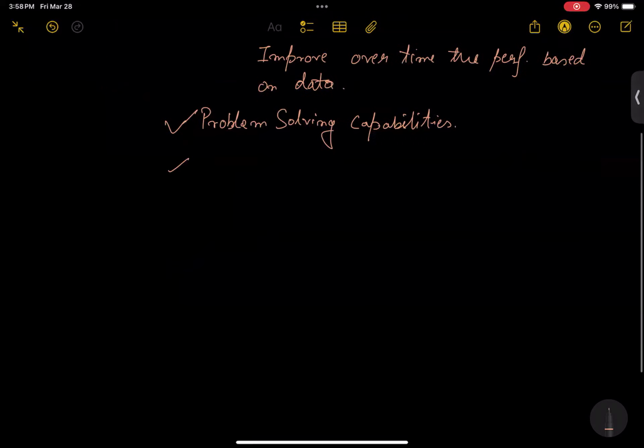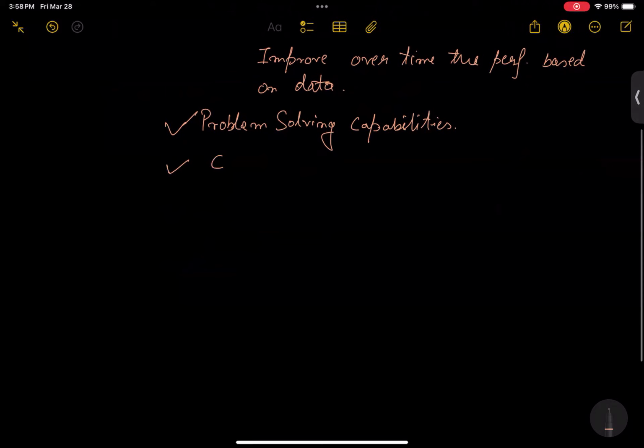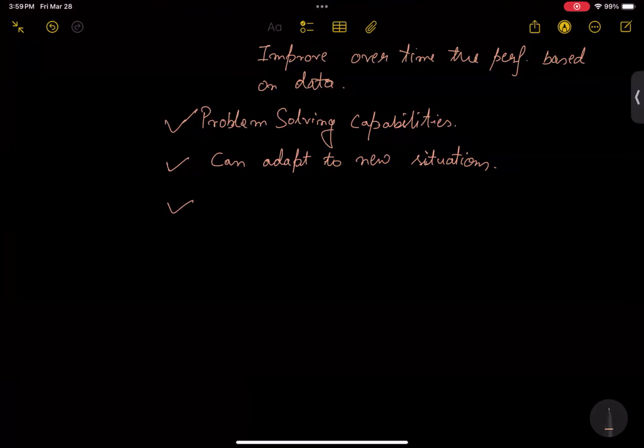The second characteristic is that it can adapt to new situations. And then it has the capacity to work with complex and ambiguous information.